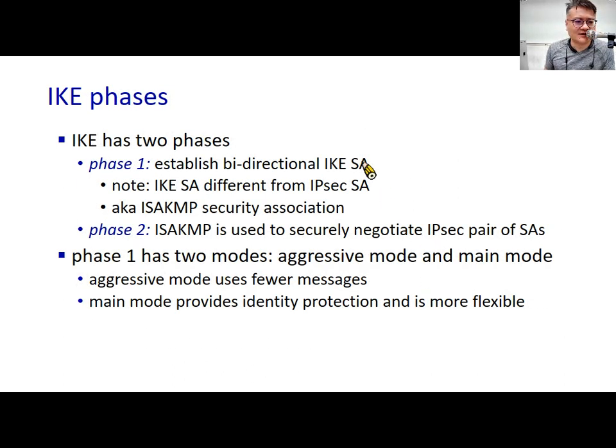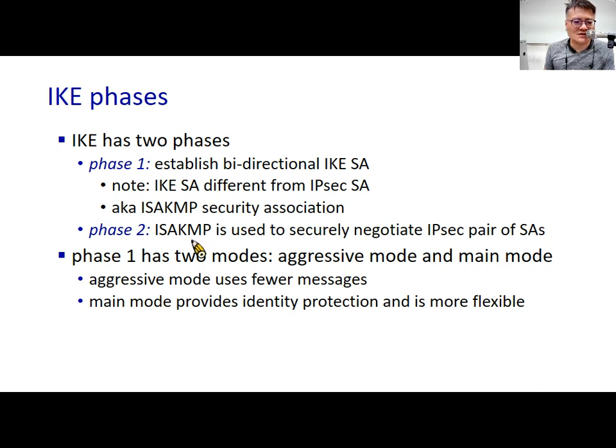So IKE has two phases. Phase one establishes a bidirectional IKE SA. Note the IKE SA is different from the IPsec SA. It is also known as the ISAKMP security association.